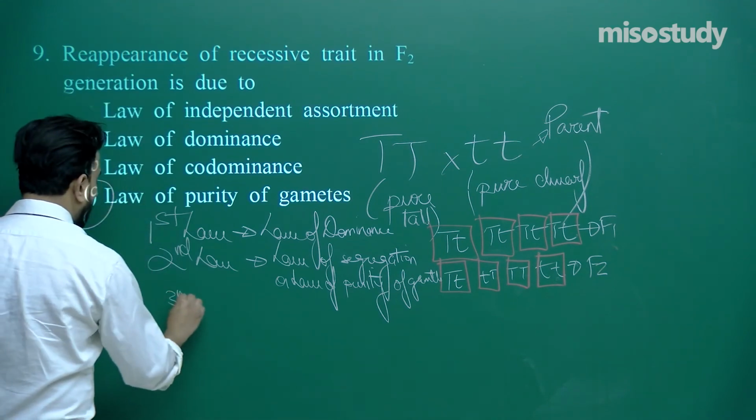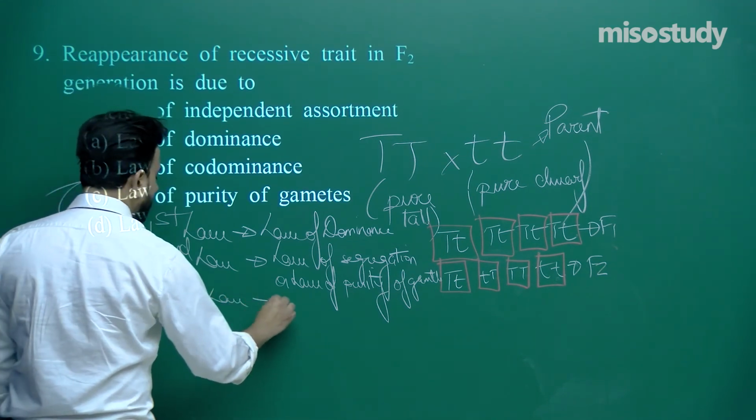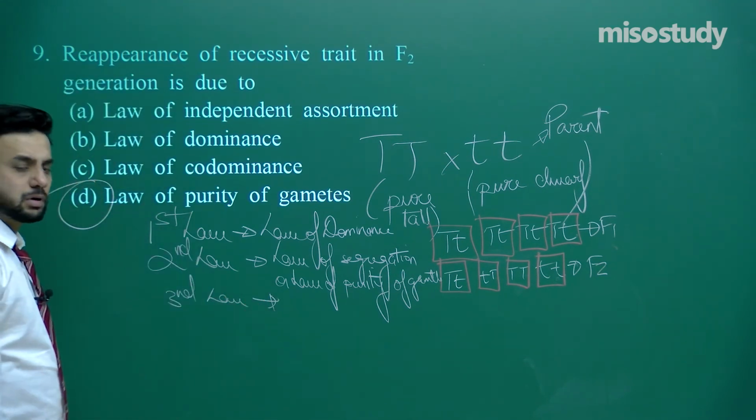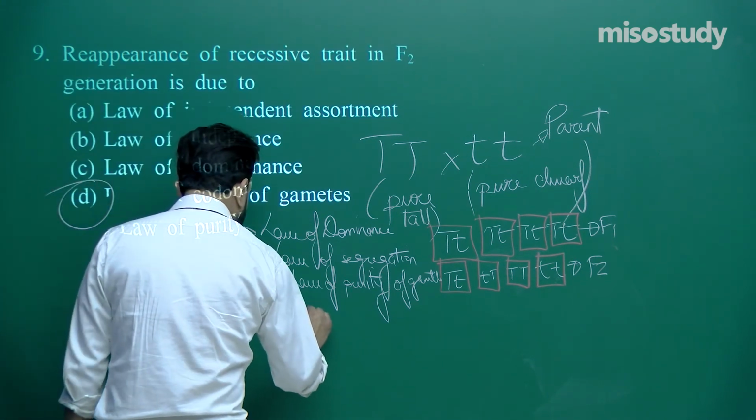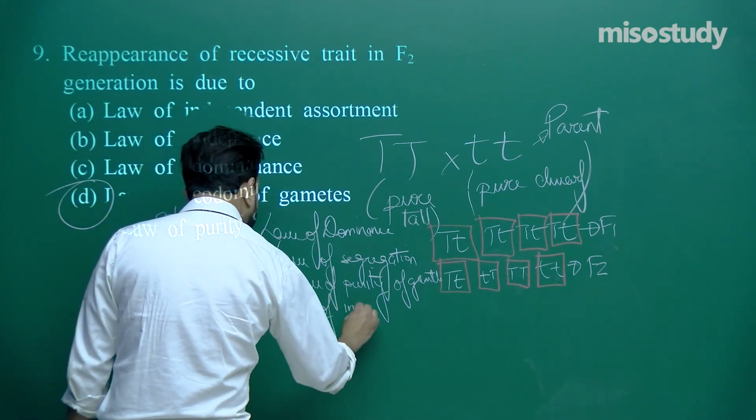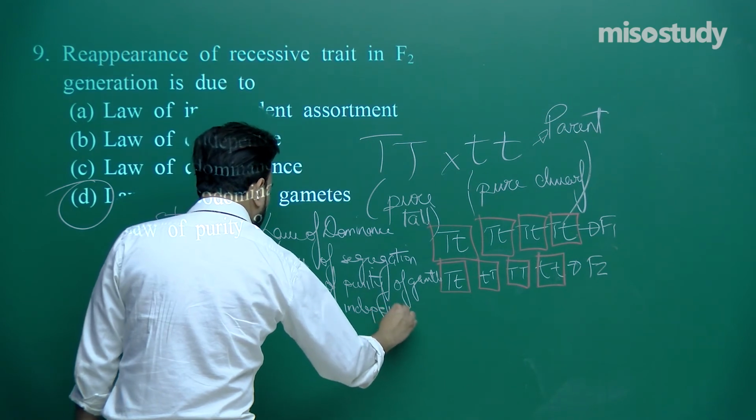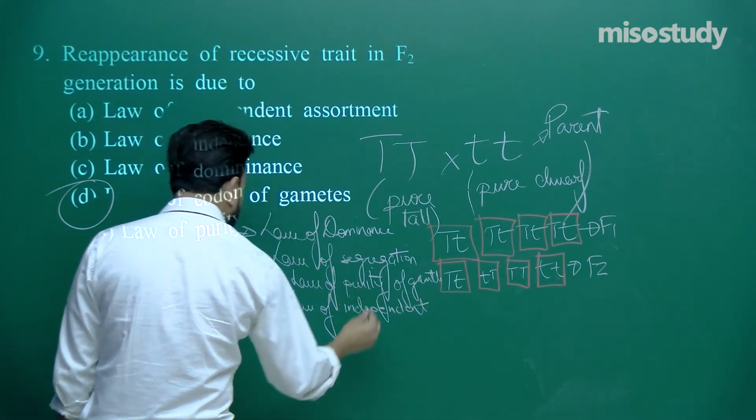And the third law is called the law of independent assortment.